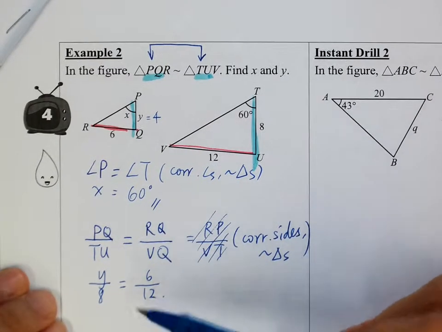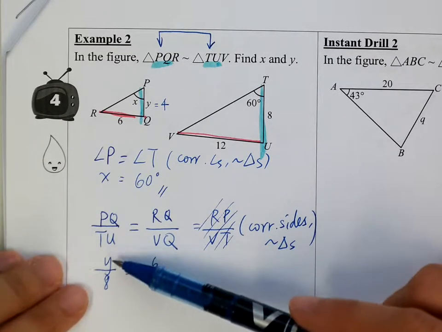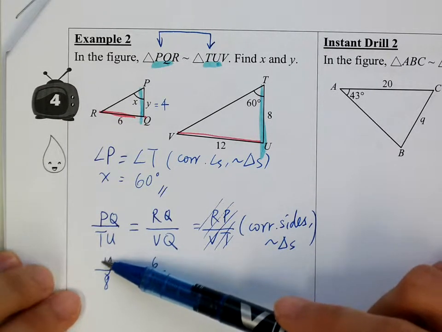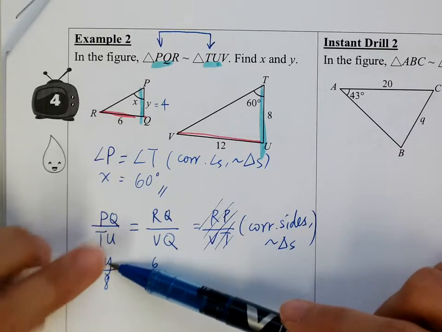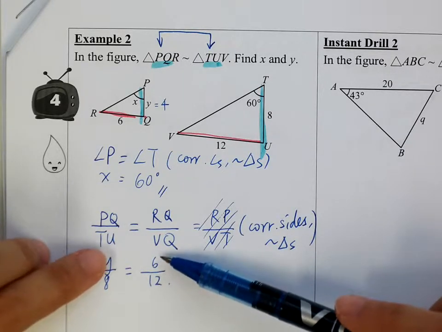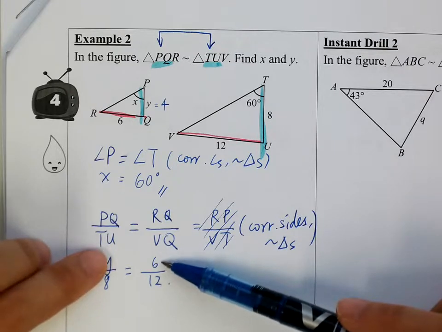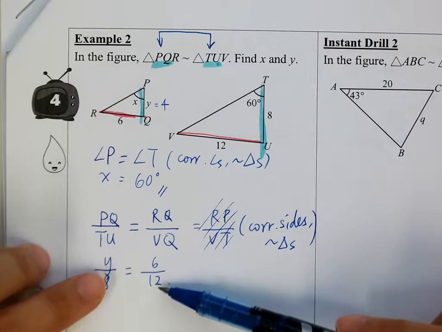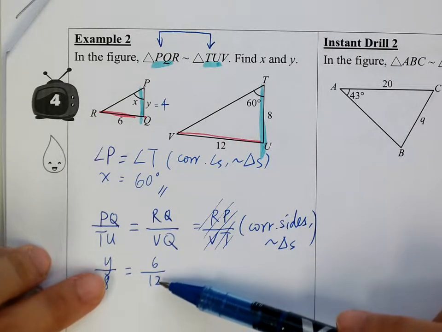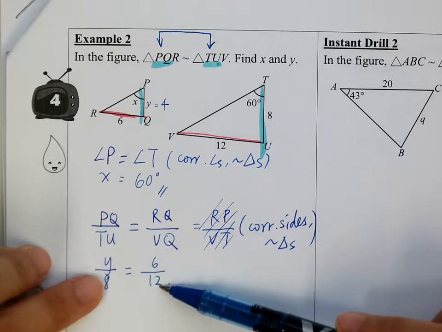Okay, so one reminder to you: if you want to put the lengths of the sides on the numerator, make sure that on both sides, the top is the size of the smaller triangle, and then the denominator is the length of the bigger triangle.